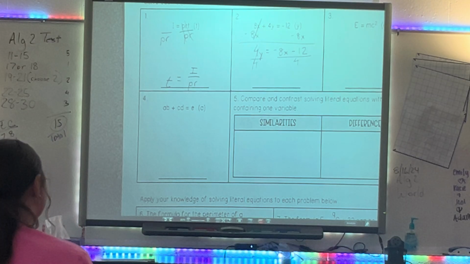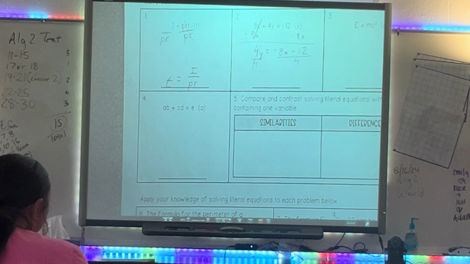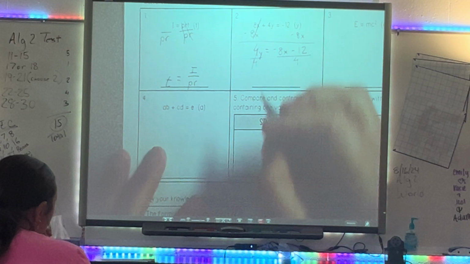For me to be able to simplify the 4 as a single fraction right here without separating the 8x and the 12, 4 has to go into both of those. Does that make sense? And it does in this particular problem. So I'm gonna simplify that out. So I'm gonna bring down my y.